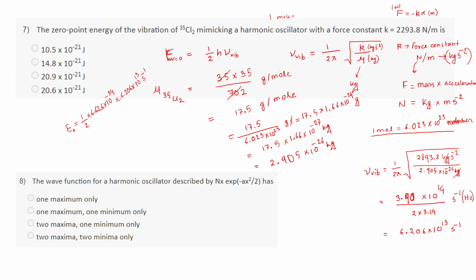And what is the unit of Planck constant, can you tell me? Meter square kg per second. Kg meter per second square.